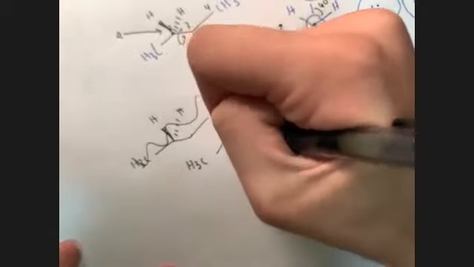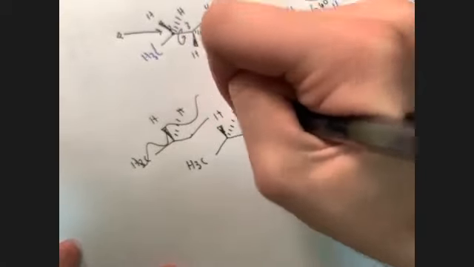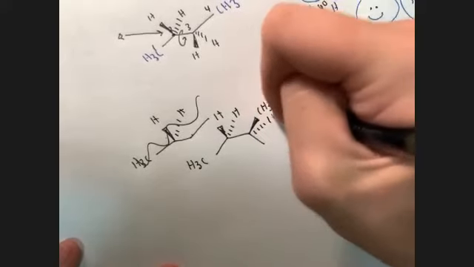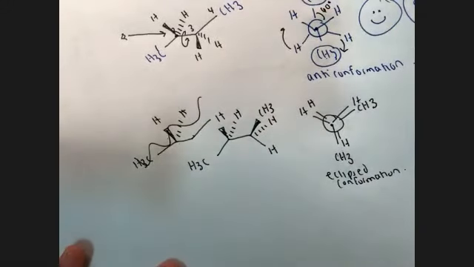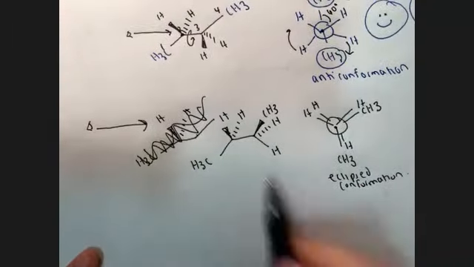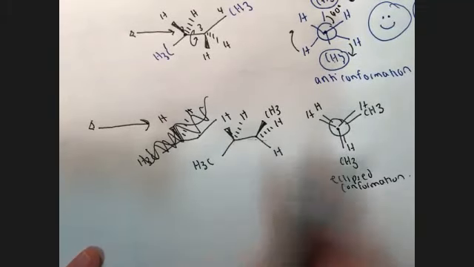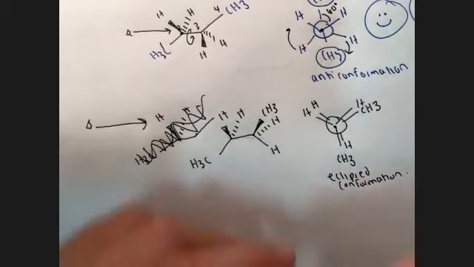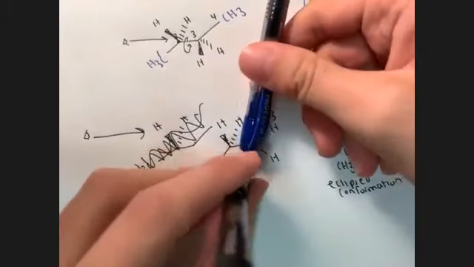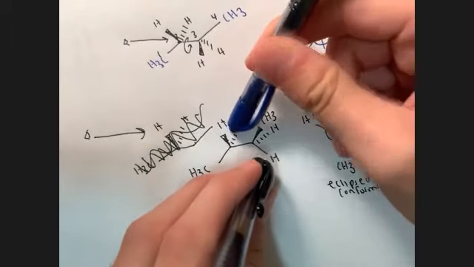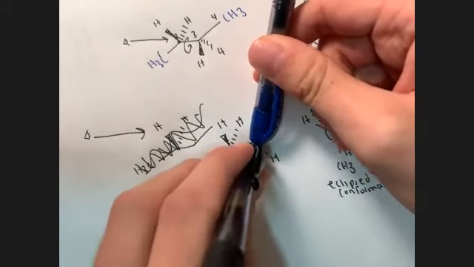So essentially, we're going to draw this. And if you don't believe me, just draw from that perspective. If you're looking down this bond angle, the front carbon has the hydrogen on a wedge, so that's coming out. I used to do this with pens: the dash is my blue pen, and the wedge is my black pen.